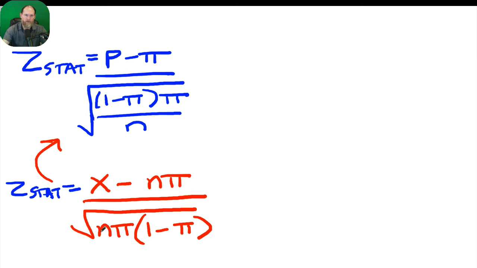So you don't find p anywhere in here because it's been worked out. We know that p equals x divided by n. So you have to remember that this x down here is not a sample mean or anything like that. It's a characteristic of interest.